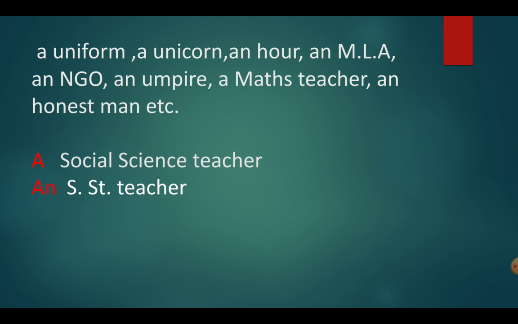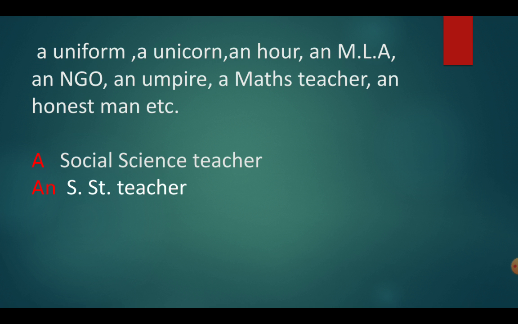That's why we use here an. A maths teacher, a normal example, a consonant word and the sound is also consonant. An honest man. Again, the word is starting with H, which is not a vowel, but the sound is a vowel sound. That's why we use here an.